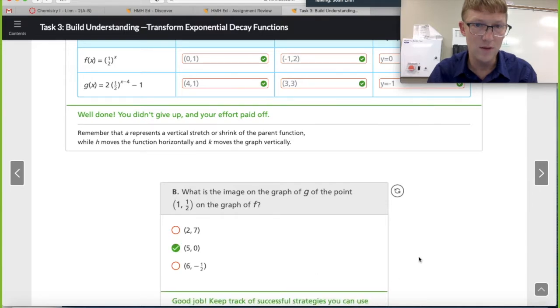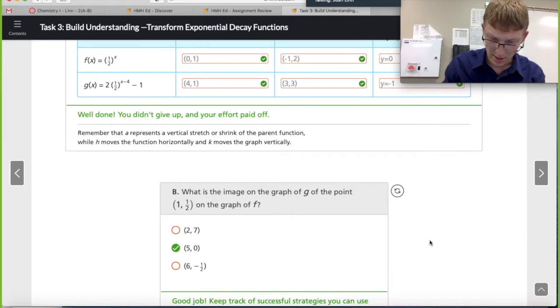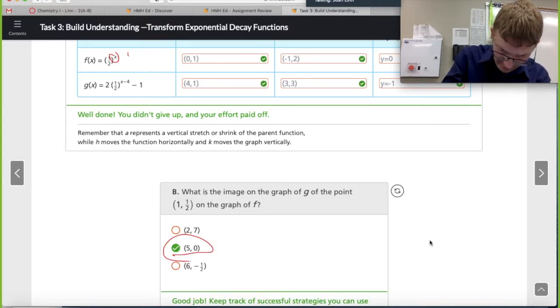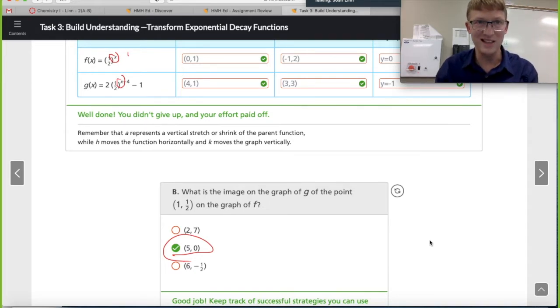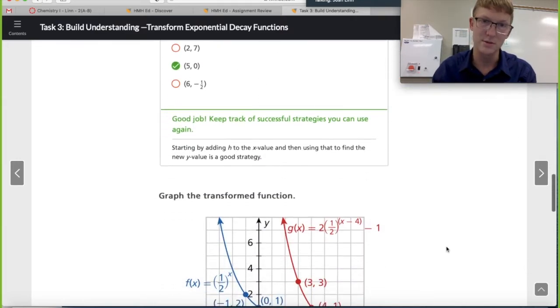And the reason I want to say that is because x equals 1, 1/2 on this one. This x is 1. So then as I was looking through here, when I plug 5 into this one, I'm going to get that 1 in the exponent, which is kind of what I was going for. And then I just didn't do the math for the y, but that's when I had multiple choice.